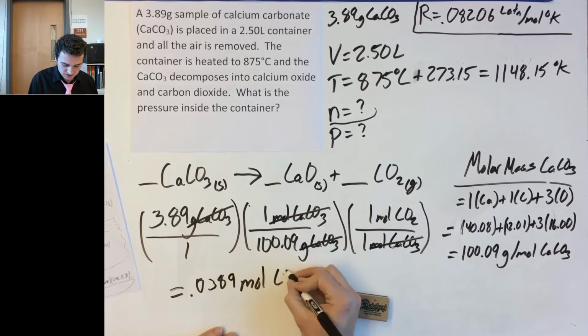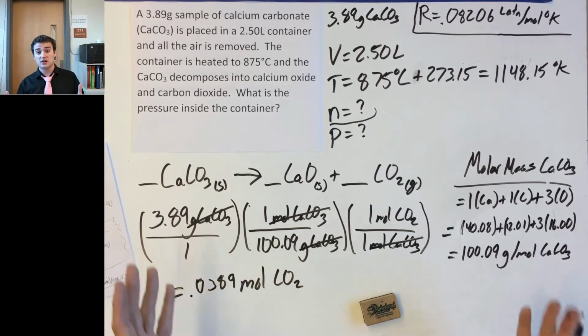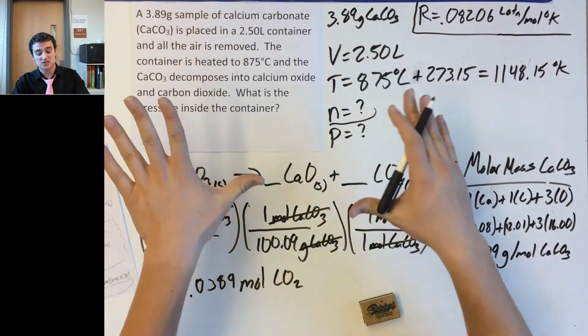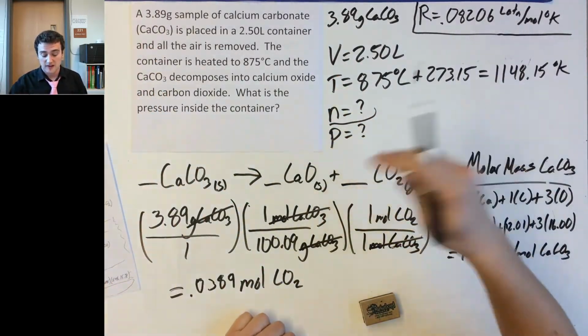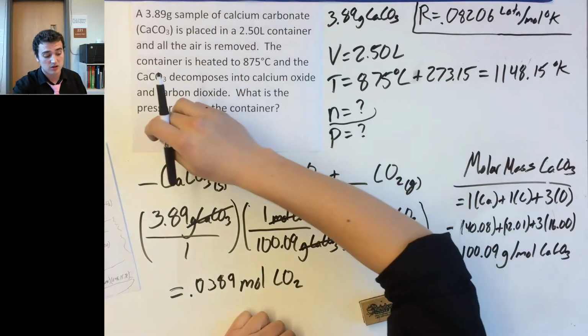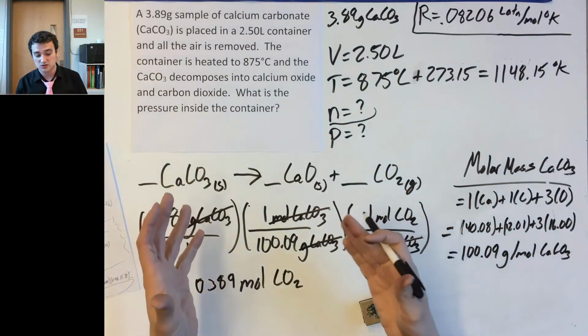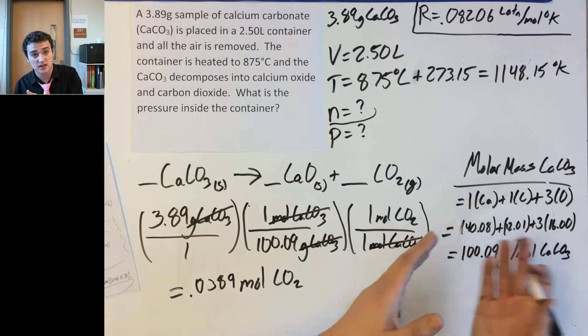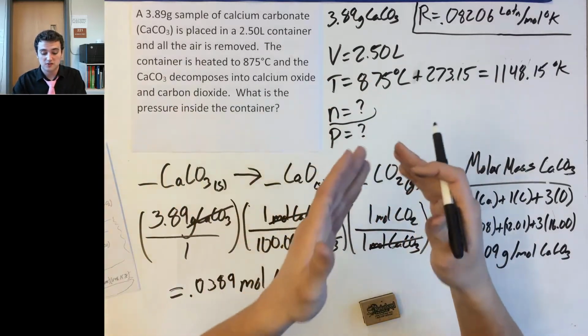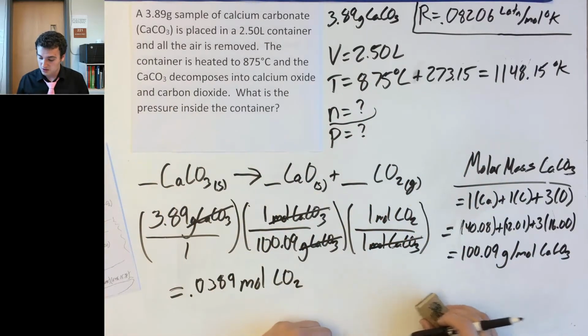moles of CO2. Now we're not done, of course, because the question is not asking for just the moles of carbon dioxide. That gives us the moles of the gas in the container, but I want to know the pressure. So now, after using stoichiometry to predict how much of a gas was made, I can use the other conditions to figure out the pressure, which we're going to go ahead and do.